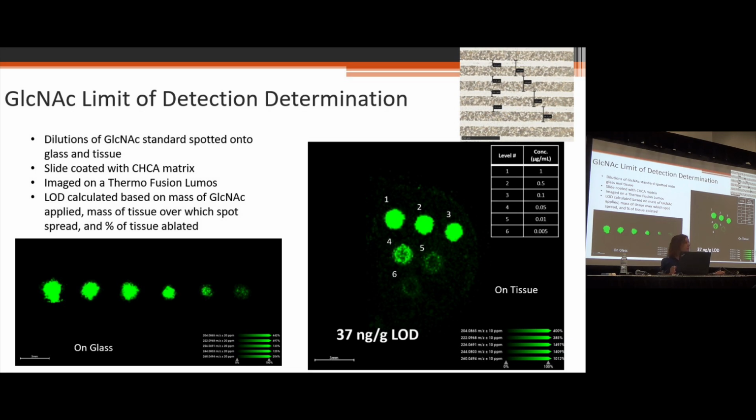A little bit different calculations than what I was used to. All of my background had been in more pulsed MALDI with distinct pixels. So a little bit different calculations in determining the limit of detection because our line scans didn't ablate all of the matrix. So we had our laser at this point focused at about 33 microns and our line spacing was 100 microns. So we had to take that into account that we're only sampling a third of the area when we were calculating limit of detection.